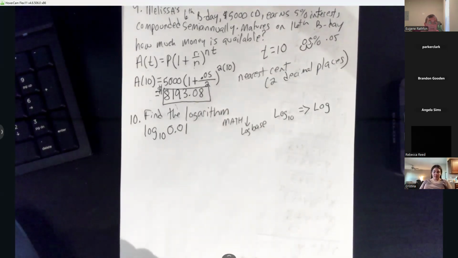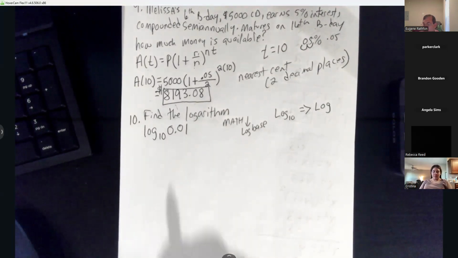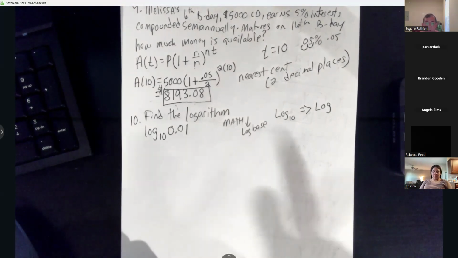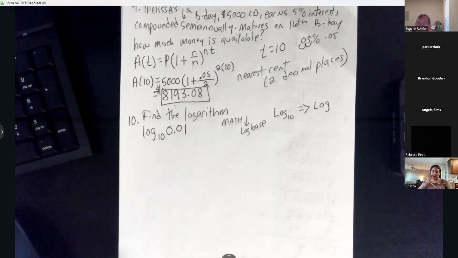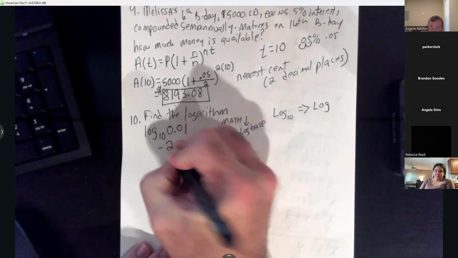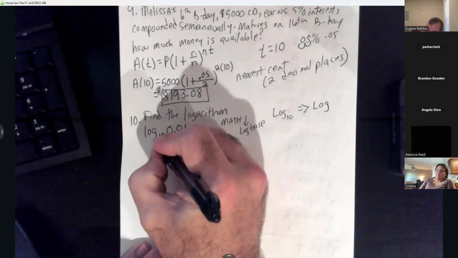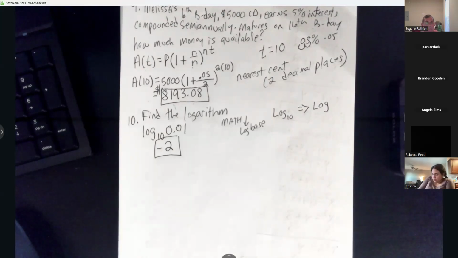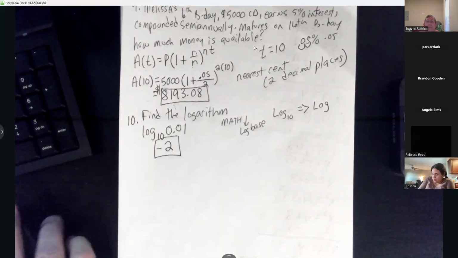and get log base. But I will say this, since that's a decimal, y'all should get a negative answer on that. So y'all punch that in and find me a log of 0.01. Carney, what you got over there? -2. Good job. Y'all, that's what MathLab wants. So let me show you real quick on the calculator in case y'all forgot.